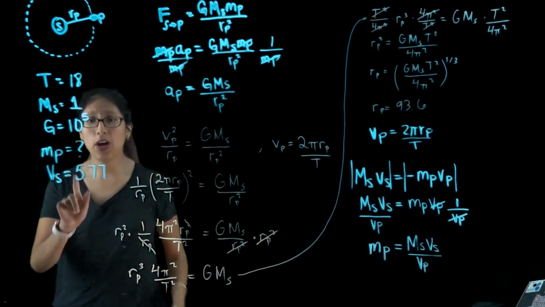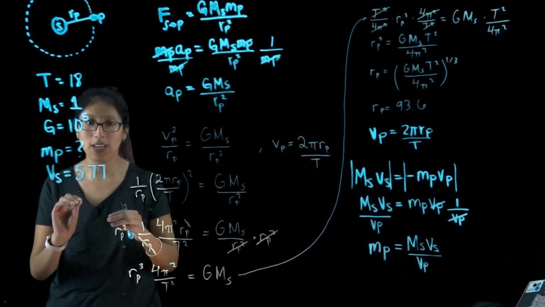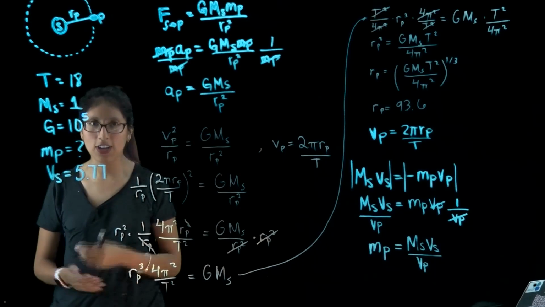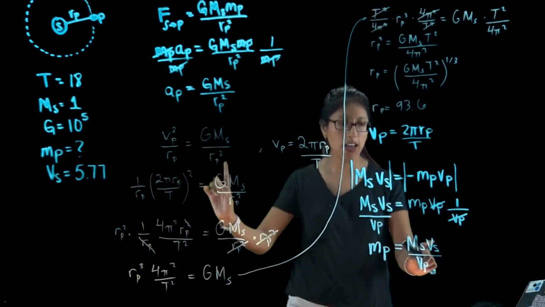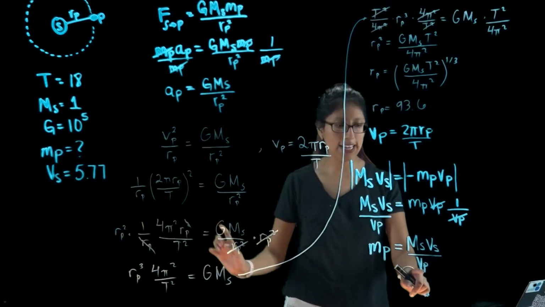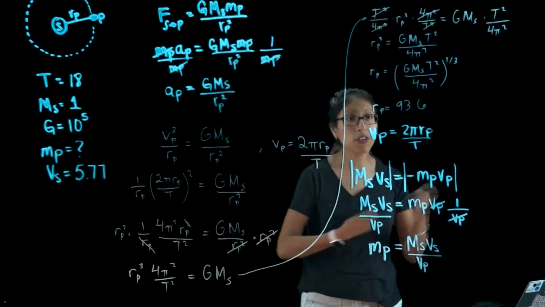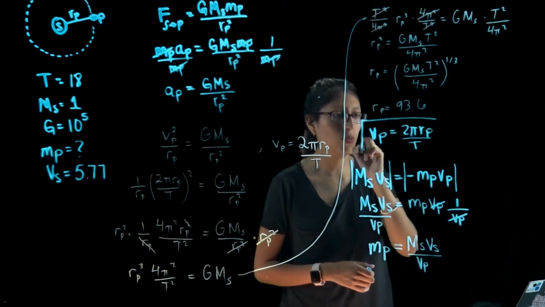And remember that I'm not putting in that negative because I'm just using the magnitudes of these values, not the direction. So now we have the mass of the sun and the velocity of the sun, and we need to solve for the velocity of the planet. To solve for it, we can use this equation right here.